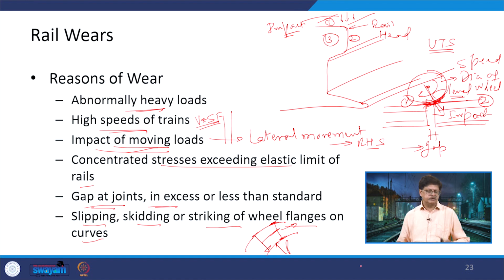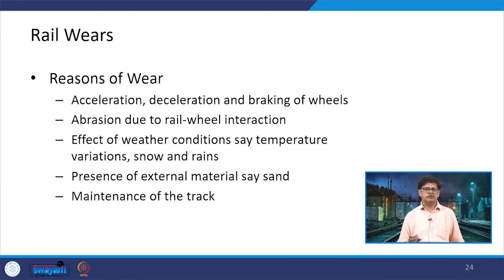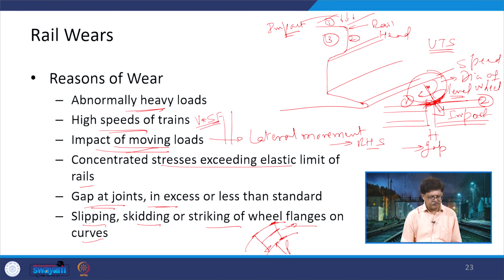And in some of the cases, because of either the application of the brakes or maybe on gradient or likewise, if slipping or skidding also takes place, then that will also be a problem, and it will create the wear specifically either on the side of the rail head or maybe at the top.